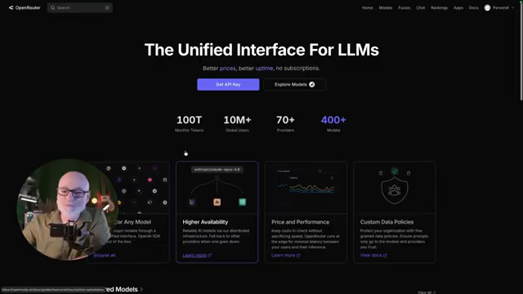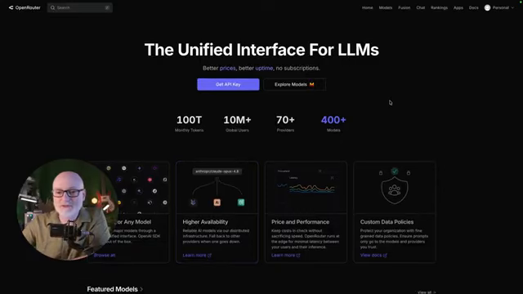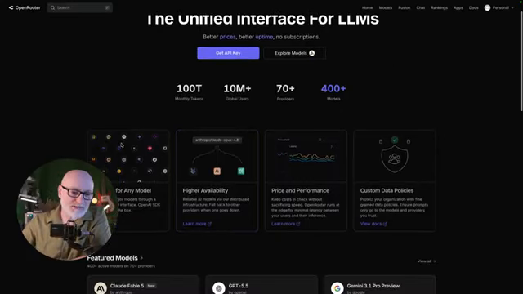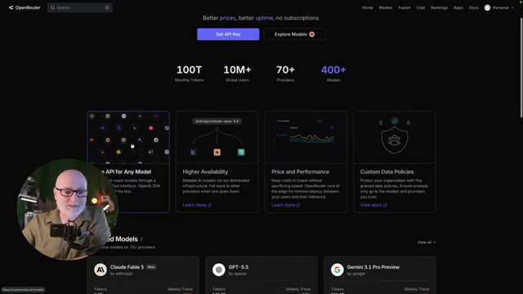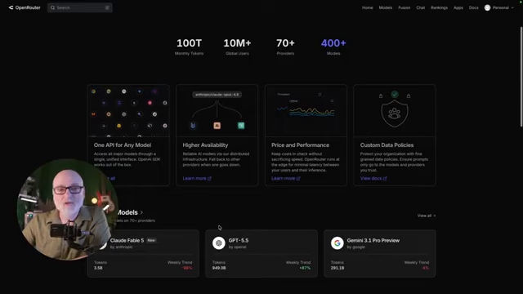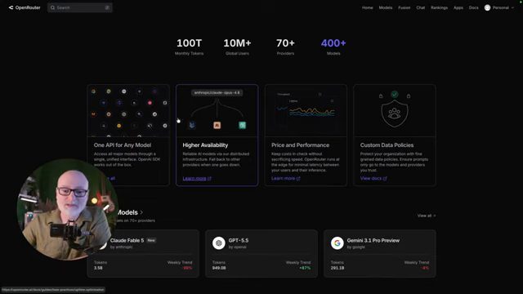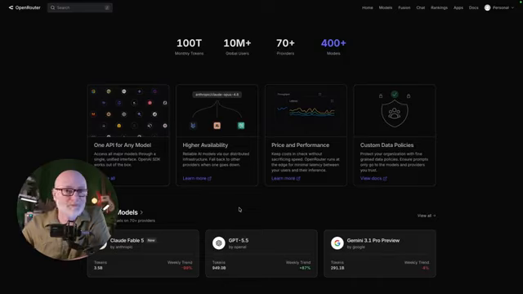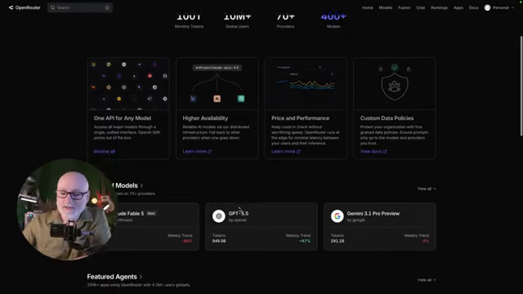But let's go back, because we need to look at how it works. Today I just loaded $10 into this system, and now I have access to hundreds of models. I can also add my own API, because what they do is route your signal to the different models according to what is better for the prompt that you send.